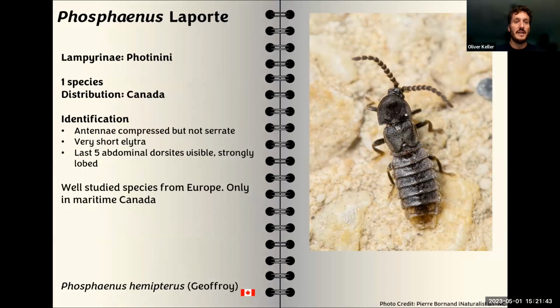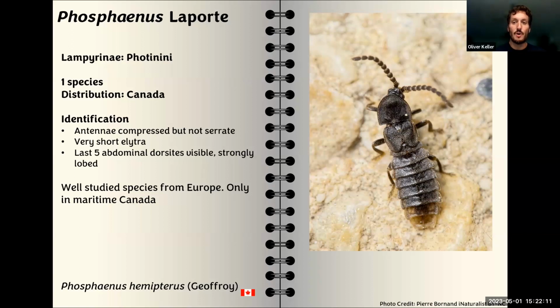This is a cool genus, Phosphaenus, only in Canada, only in the Maritimes. This came over from Europe. This is one of the 4 big, most common, most known species in Europe, Phosphaenus hemipterus. The antennae are compressed, but not serrate, so not sawtooth.